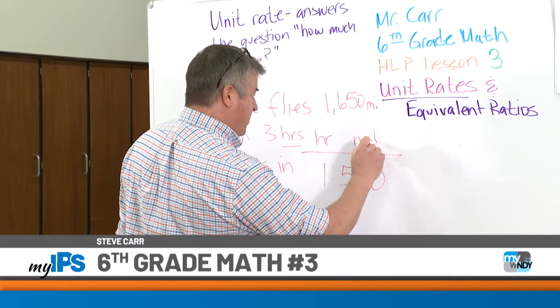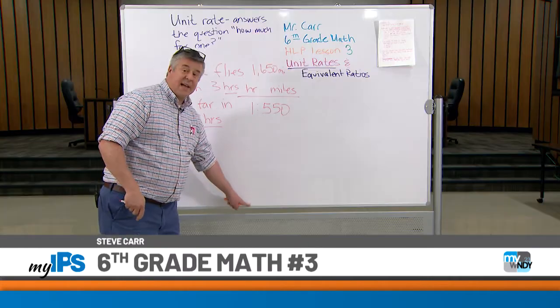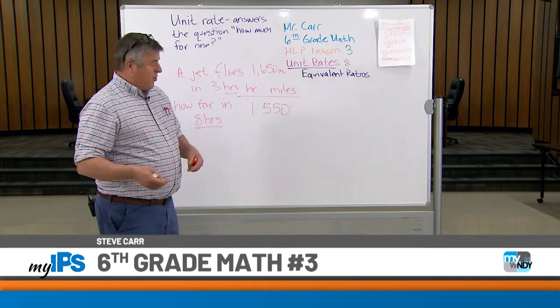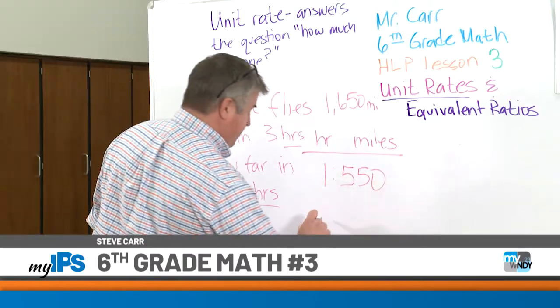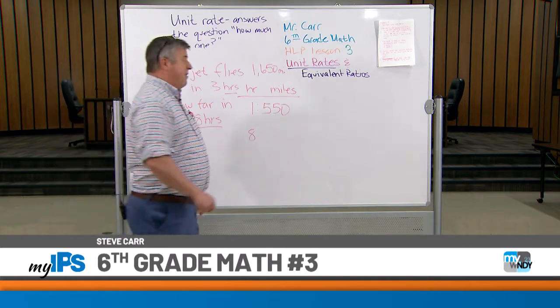So we could do 1 8 times and 550 8 times, or we could multiply. 1 times 8 gives us 8 hours. And what would our distance be? Well, it would be 8 times 550.